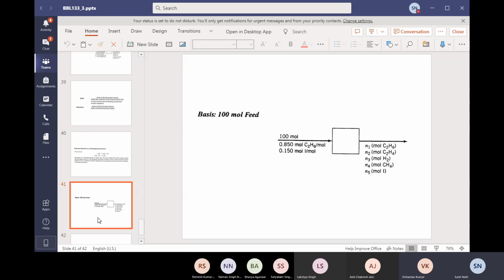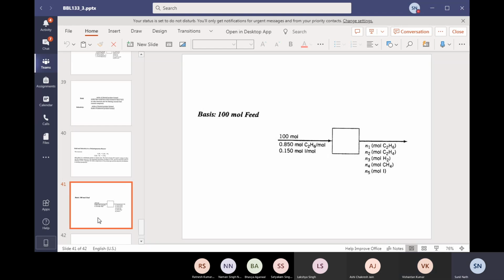Do the same for methane also. 140 times 0.036 gives 5.04 kg moles of methane per hour. Is there any ethylene or methane in the feed? No, sir.